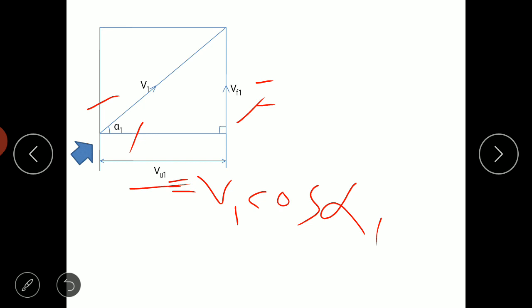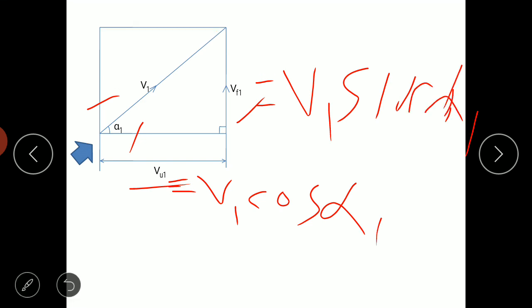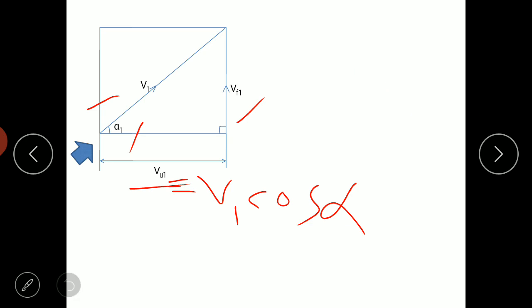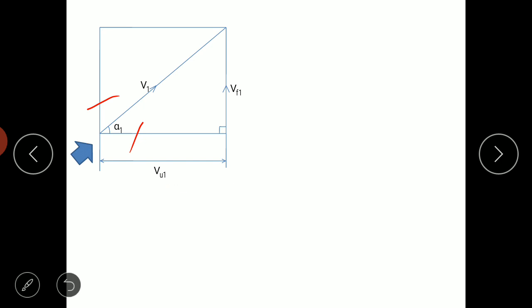If you take sin alpha 1, you will come to know that it is V1 sin alpha 1. The writing is not clear, but I hope you are understanding. So Vf1 is V1 sin alpha 1, whereas Vu1 is V1 cos alpha 1.